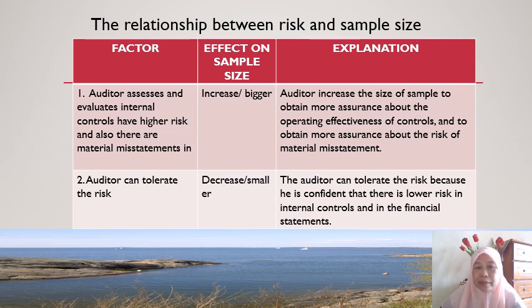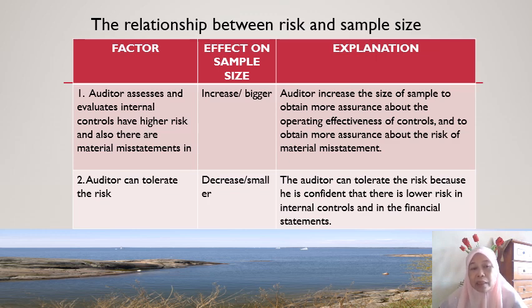So if the auditor assesses a higher risk in the internal control system and the financial statements, the auditor would increase the sample size, or have a bigger sample size. And the reason is for the auditor to obtain more assurance about the effectiveness of the internal control, and also to be more assured that there is lower risk of material misstatement in the financial statements.